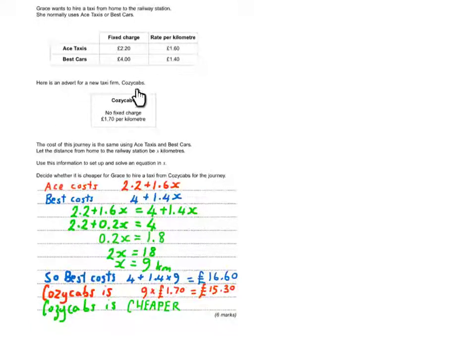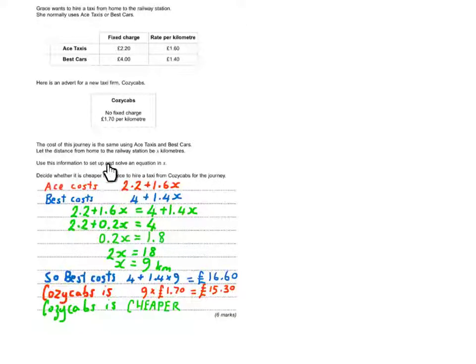Now the new cab company has no fixed charge, plus £1.70 per kilometre. So Cosy Cabs will cost her just 9 times £1.70, 9 kilometres at £1.70 each, and that comes to £15.30. So Cosy Cabs is cheaper, the new company is cheaper.